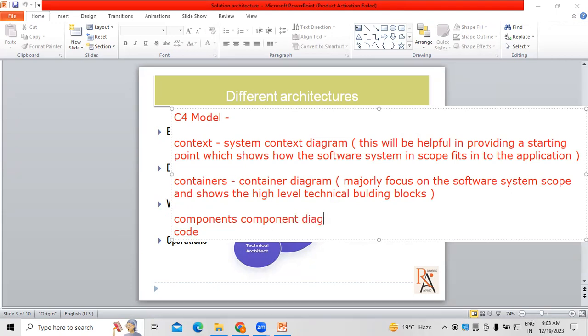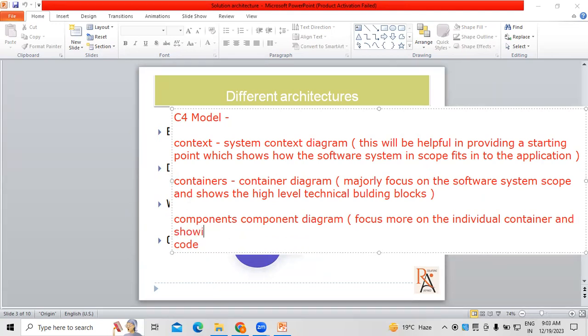It focuses more on the individual container and shows the components inside it.